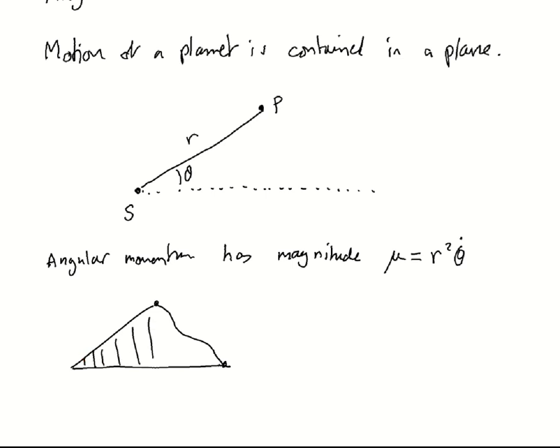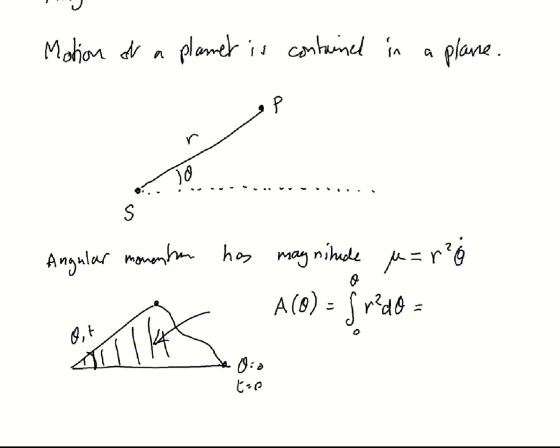If I look at that area, with the angle being theta at time t, and theta equals 0 at time t equals 0, then the area swept out by theta is, according to the rules of geometry, going to be this. I'm slightly abusing the notation here, but I hope you can see what it means.